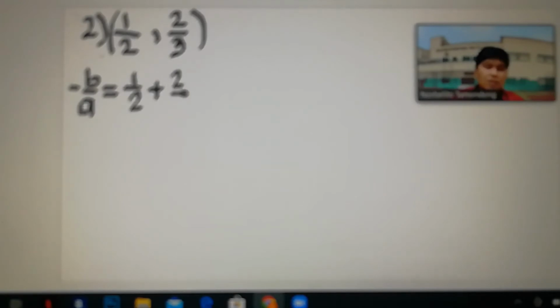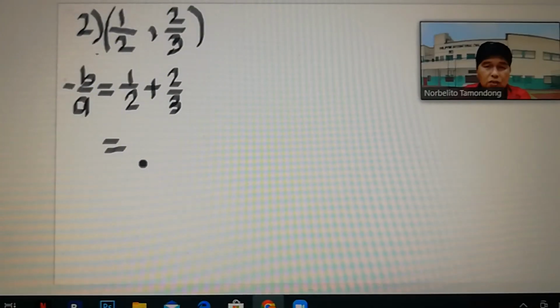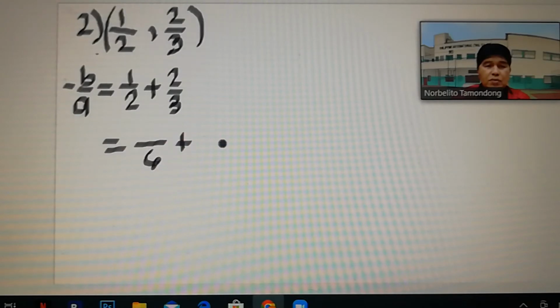Now you change them into similar fractions, since the two fractions are dissimilar and you cannot add them as they are. So get the LCD of the denominators 2 and 3, which is 6. Change both to similar fractions whose denominator is 6. 6 divided by 2 is 3, times 1 equals 3. 6 divided by 3 is equal to 2, times 2 is equal to 4.